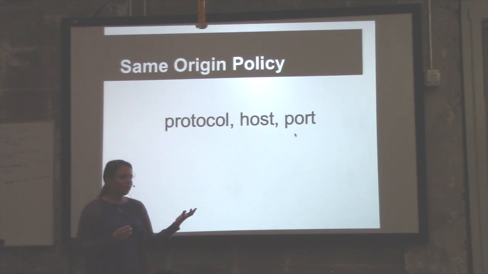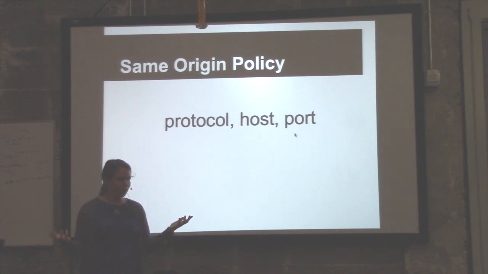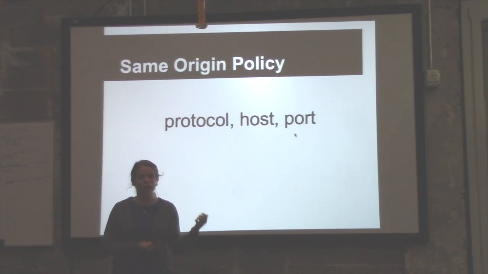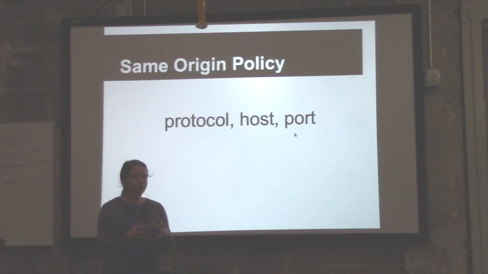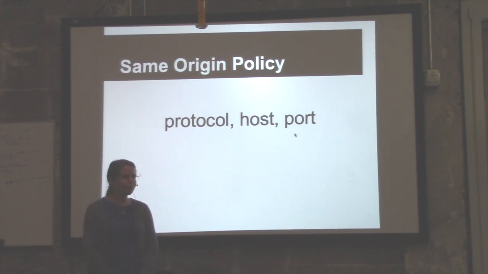So example1.com cannot, for example, read cookies set by example2.com, because they're separate origins and their cookies are not shared. On the other hand, example.com can read any cookies set by other code from example.com. So within an origin, everything's at the same level of trust. Between different origins, everything's very segregated by the web browser.